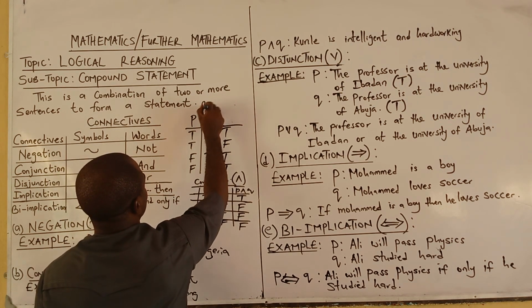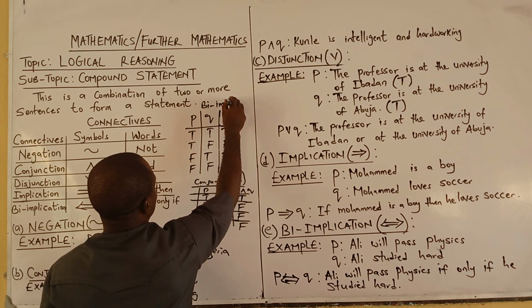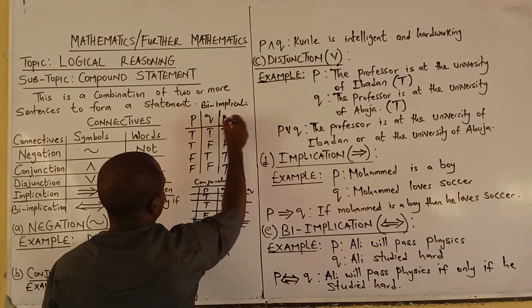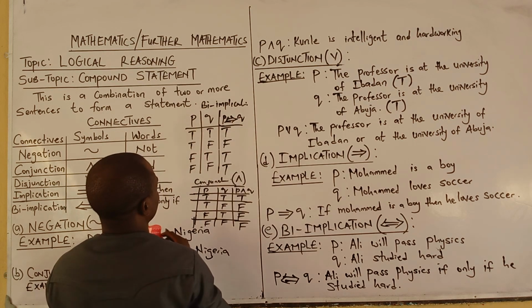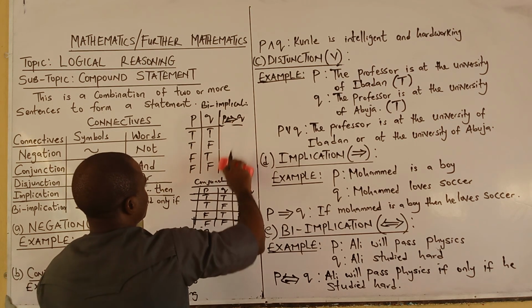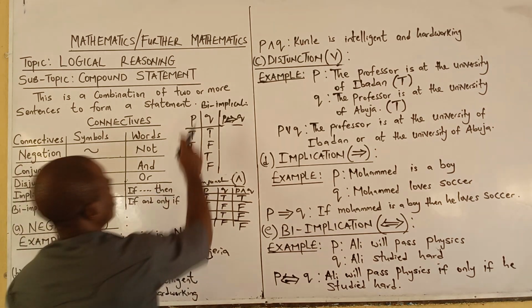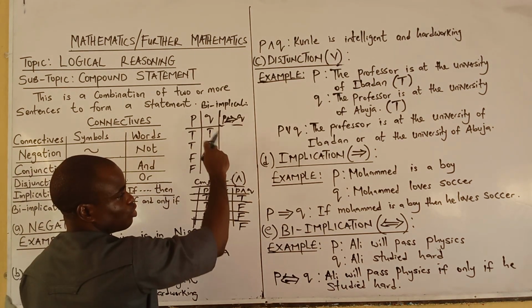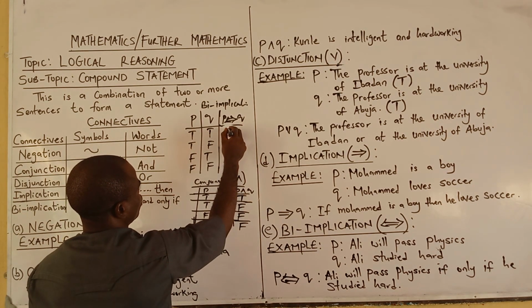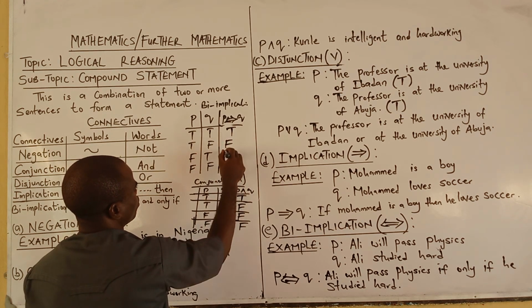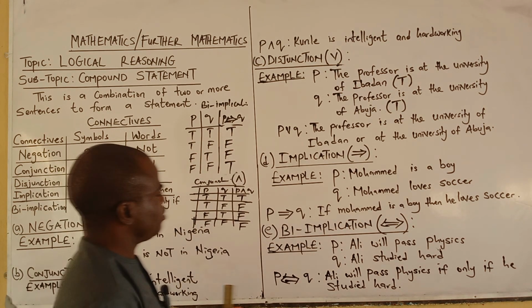Bi-implication. P bi-implication Q. The statement is true if both the antecedent and the consequent are true or both false. Otherwise, it is false.